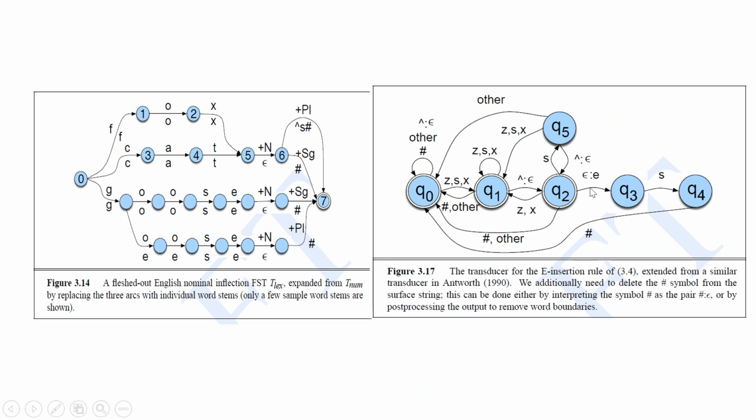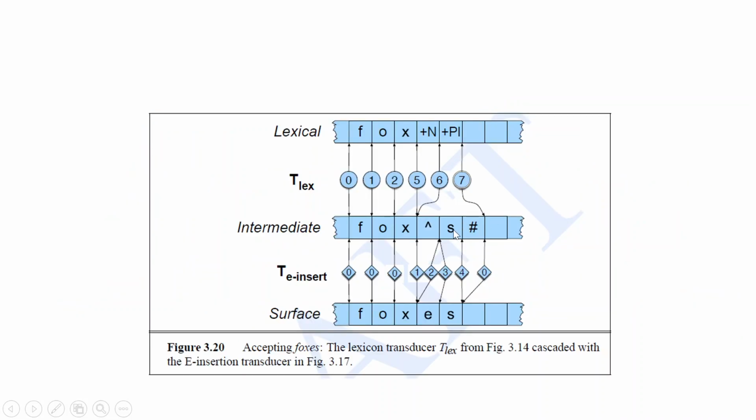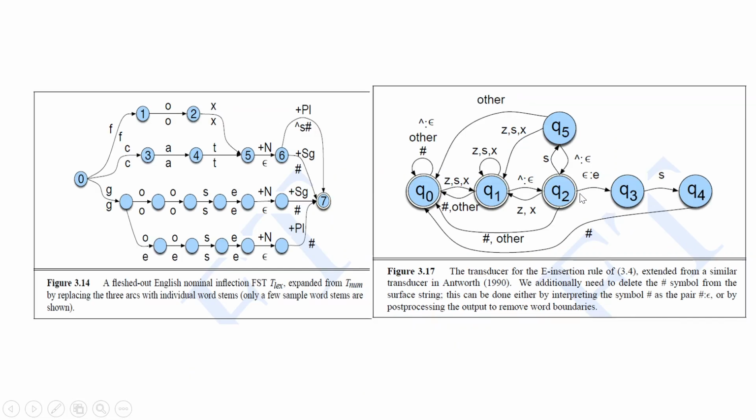And in Q2 it generates an E on no input reading. You're not reading any input here. The input remains here itself, but you're transitioning to 3 and generating the E symbol. So you go to Q3.